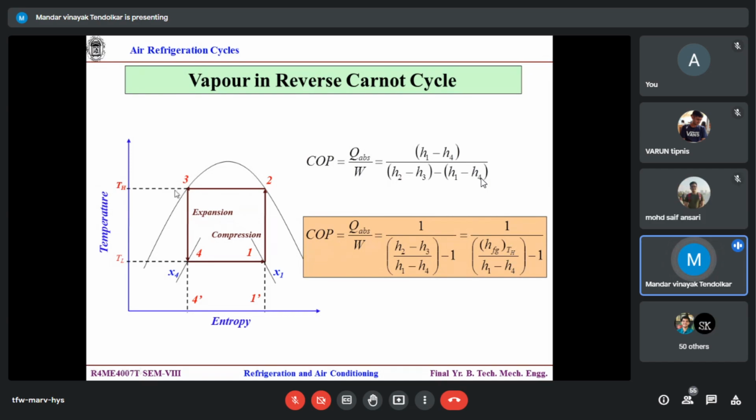Whatever temperature and corresponding pressure you fix for this particular level, HFG is basically related to H2 and H3, so automatically you have to lock H1 and H4. The governing factor is HFG. Okay. Any doubt in this? Any doubt to anyone? No, sir. Okay.